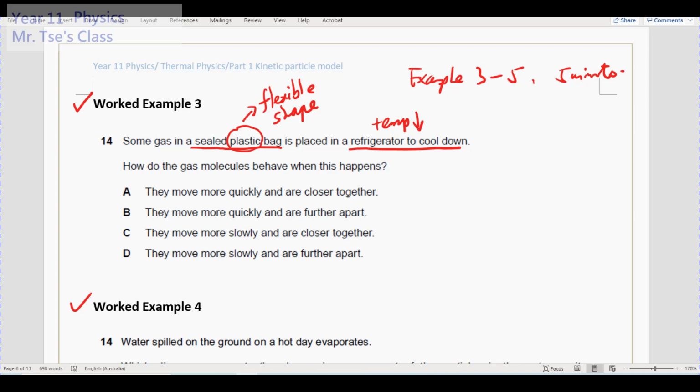How do the gas molecules behave when this happens? When the gas is cooled down, it should move slowly. When you move slowly, the shape will contract a little bit, and because that's a plastic bag, the bag can also contract a little bit. So that means they are closer together. It's a very intuitive answer, right?